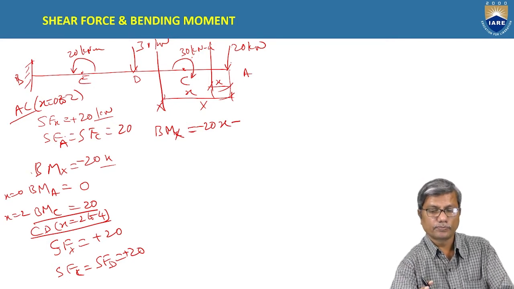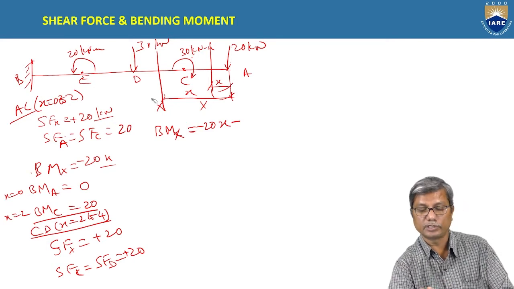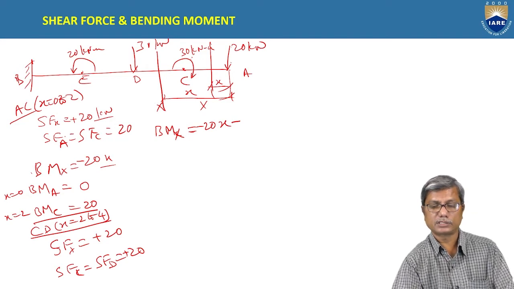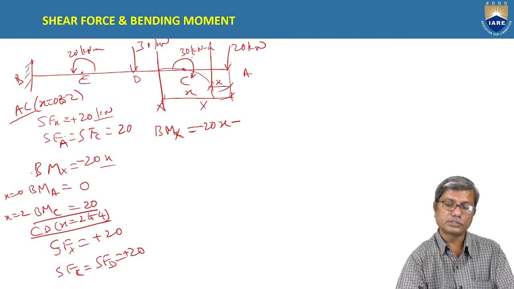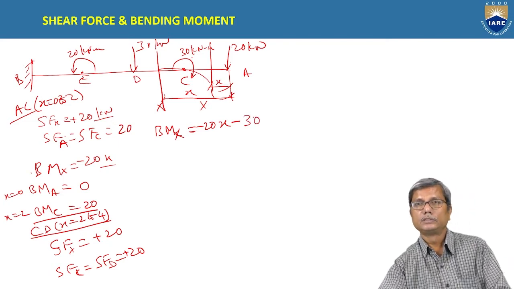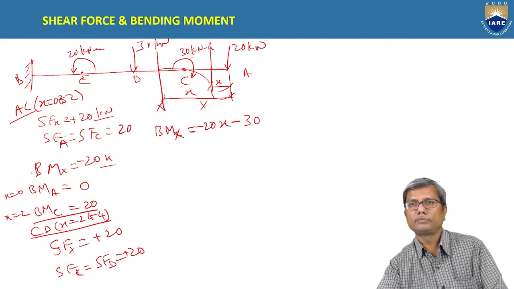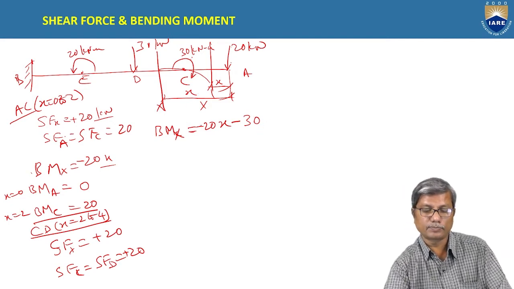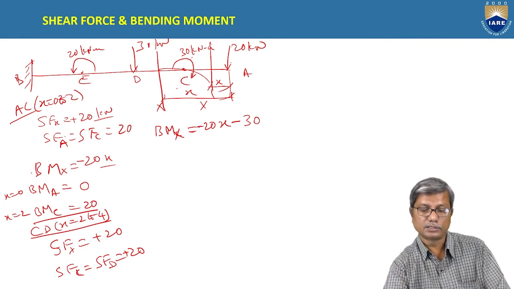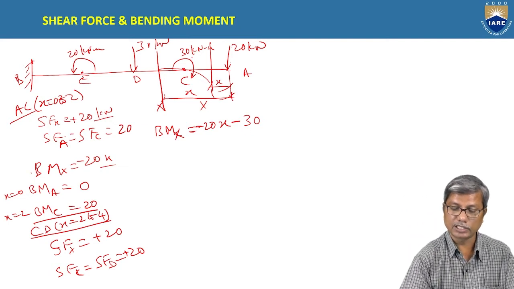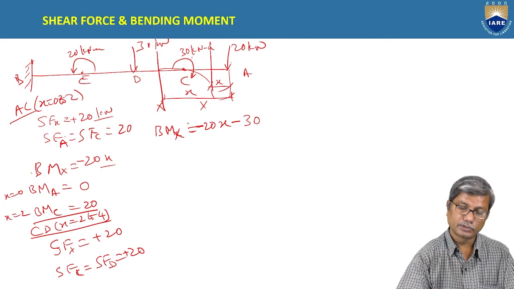What is the nature of the couple? Clockwise, which produces a sagging bending moment, so it is also negative. So 20 multiplied by x, because it is force multiplied by distance, but this 30 is not multiplied with distance because it is already a moment. You should not multiply again with distance. It is directly added to the moment. Understand?